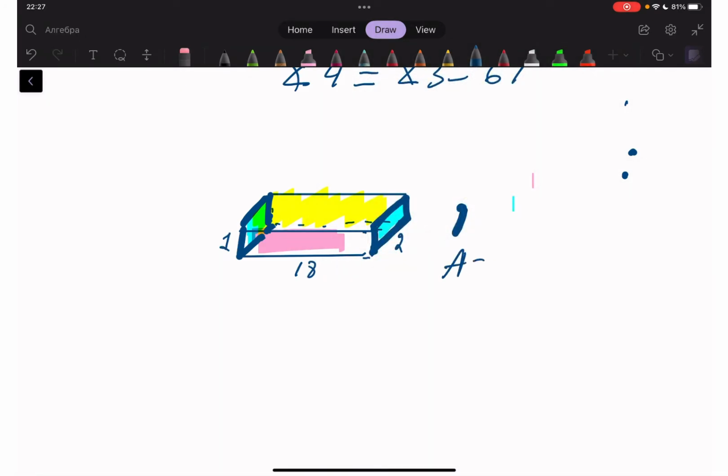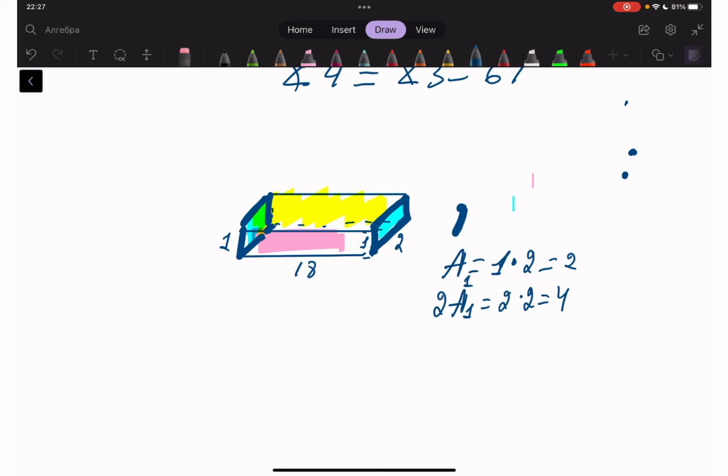Area is equal, since this is 1, this is 2, it's going to be 1 times 2, right? It's going to be 2, and since we have 2 of these areas, it's going to be 2 times 2 equal 4.